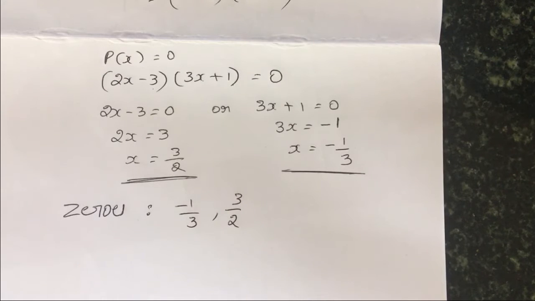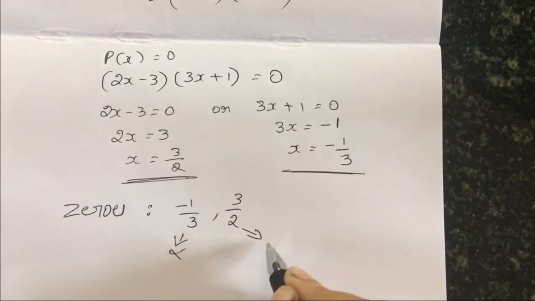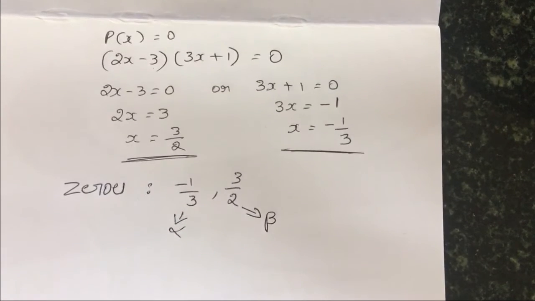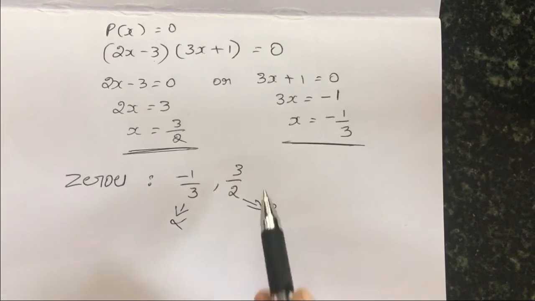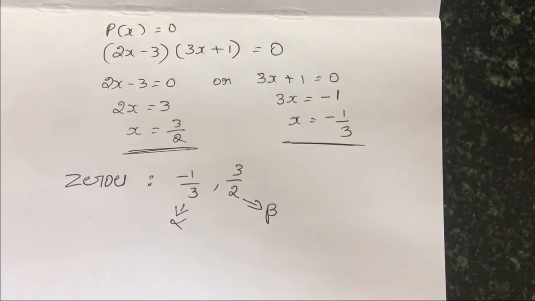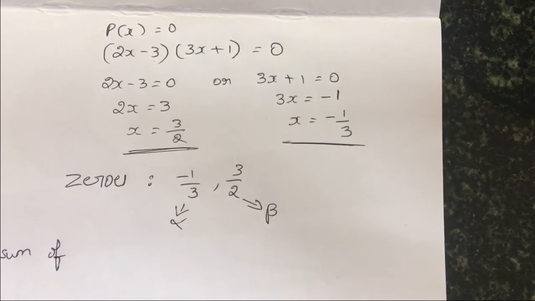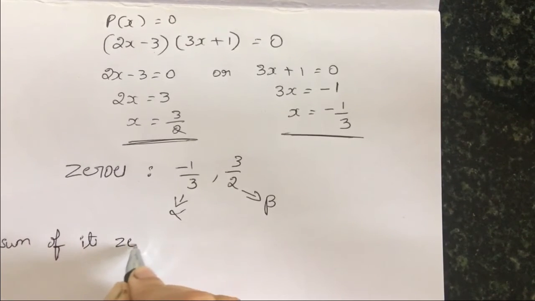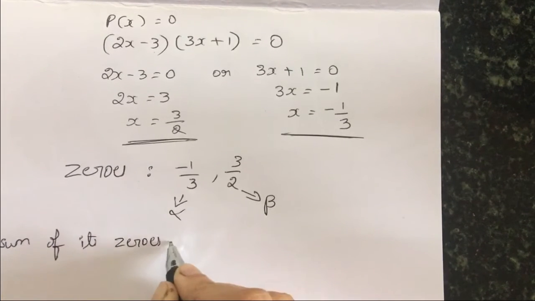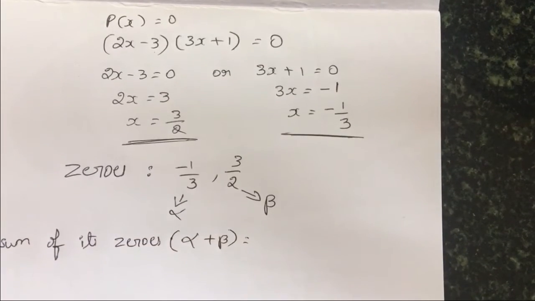Now I will denote these two zeros as alpha and beta. Okay, Greek letters I'm using. I'm taking this as alpha and this as beta. The first zero is minus 1 by 3 and the second zero is 3 by 2. Now we'll take the sum of its zeros, that is alpha plus beta.